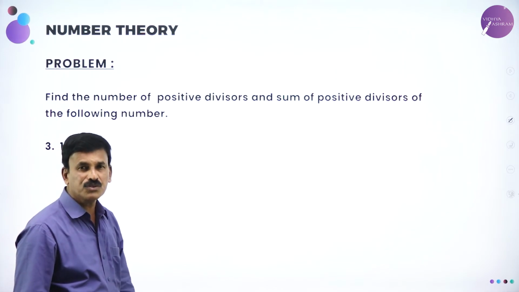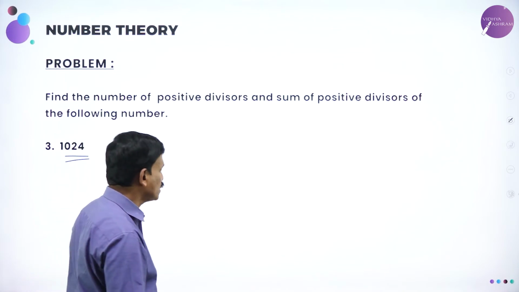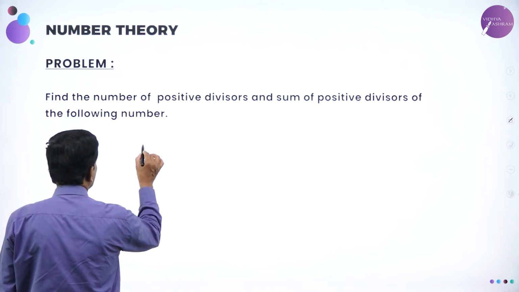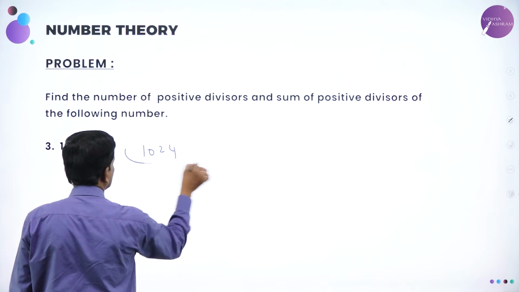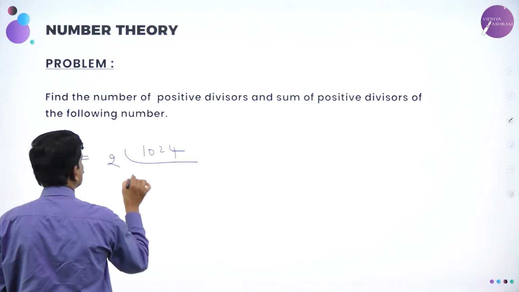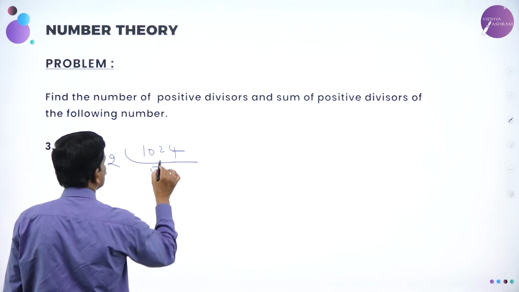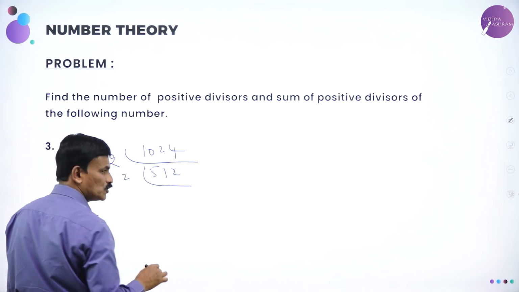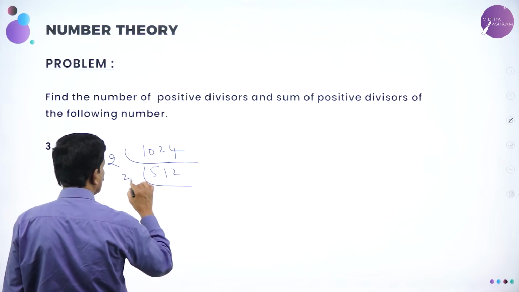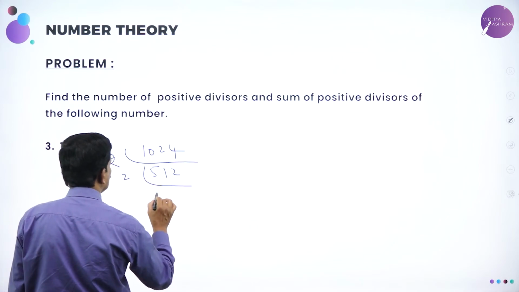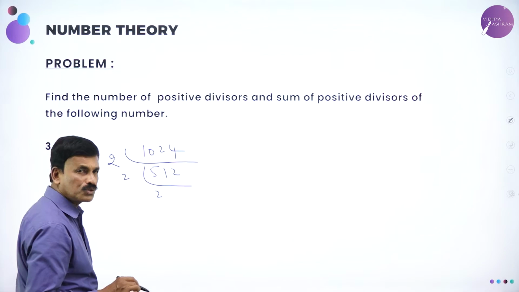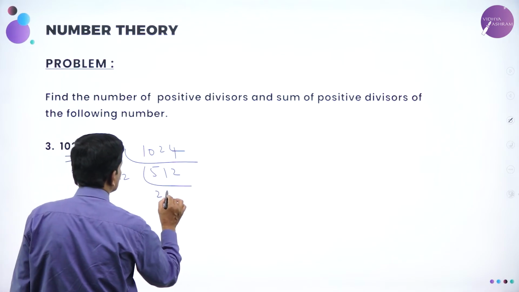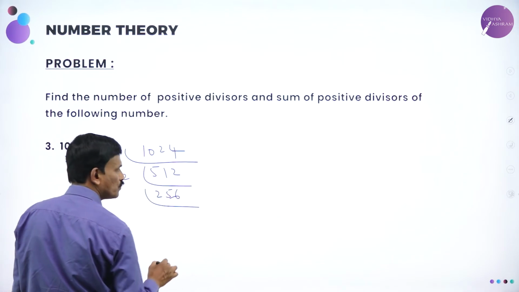You know the value of 1024 can be written as 2 to the power of, let me check how much we will get. 1024 divided by 2 is 512. Again, if you divide by 2, half of 512 is 256.